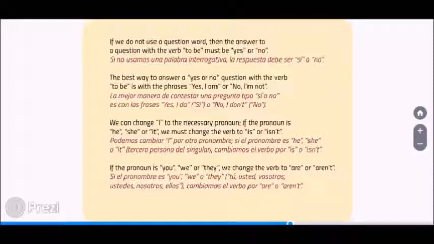We can change I to the necessary pronoun. If the pronoun is he, she, or it, we must change the verb to is or isn't. If the pronoun is you, we, or they, we change the verb to are or aren't.